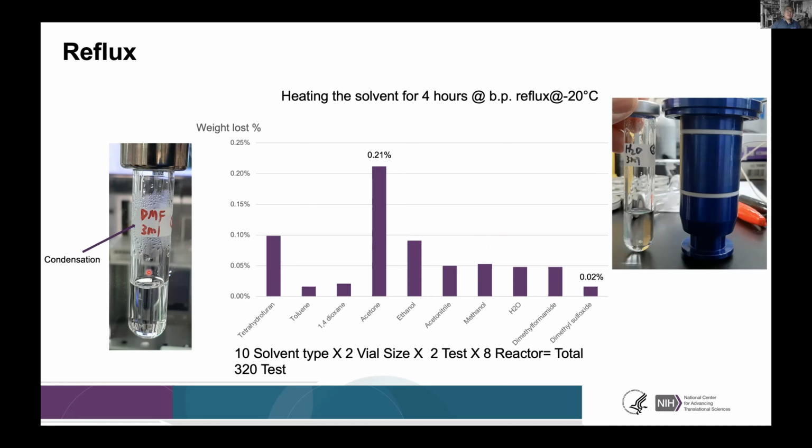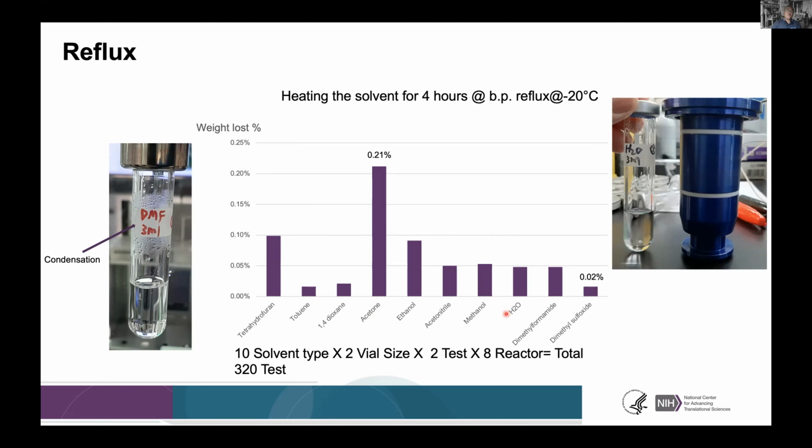So here we can see after we put the reaction mixture into the vial, after it's cooling in this reflux zone, we got condensation built up here, but we don't know how much condensation, how efficient, how robust the result is. So in this test, we just loaded this MRV with 3 ml of the solvent we are choosing from different testing earlier, and then we pre-weighed it before heating them to the boiling point.